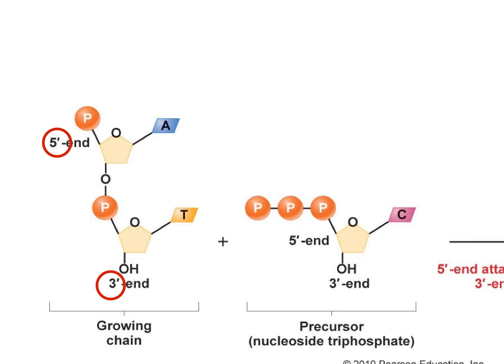You could look at this and you know that they connect to one another on the 5' and the 3' ends. But do you know right now whether this new C nucleotide is going to be added up to the top above that A or to the bottom below that T? Because it can't go both ways.